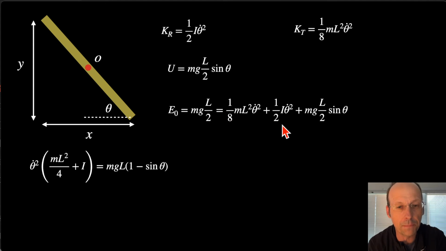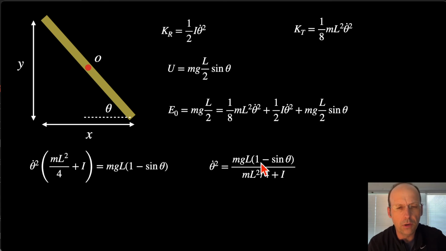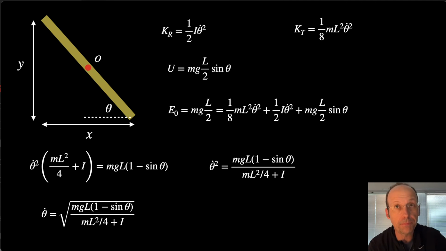So I get mgL times 1 minus sine theta. And then this stuff over here is just going to be mL squared over 4 plus I, and then I factored out the theta dot squared. Now I can just divide both sides by this to get theta dot squared equals mgL times 1 minus sine theta, over mL squared over 4 plus I. That's not a 1, that's I. And then take the square root of both sides, boom.